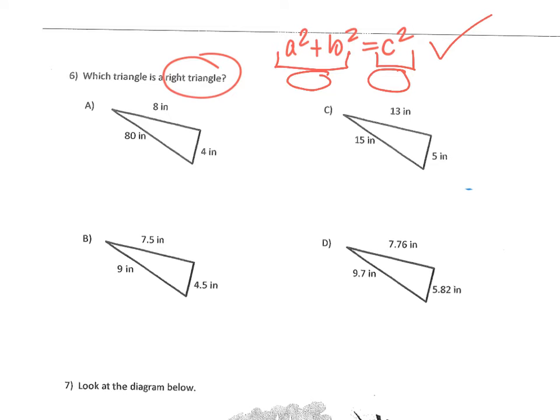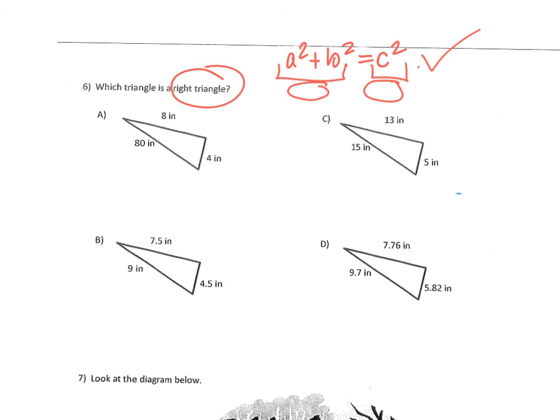So first thing, go through on all these triangles, figure out which is your c, because that's off by itself, and if you get those mixed up, then your whole answer is going to be wrong. So for A, the c is our longest side or our biggest number, so it should be 80, in this case 15. For B, it'll be 9, and D, it'll be 9.7. Okay, so then set these problems up, and for A, we want to see if 8 squared plus 4 squared equals 80 squared.